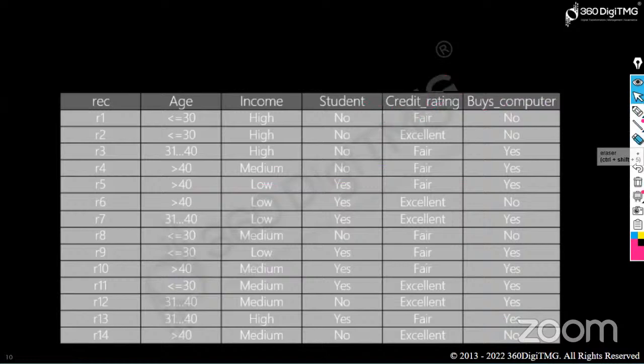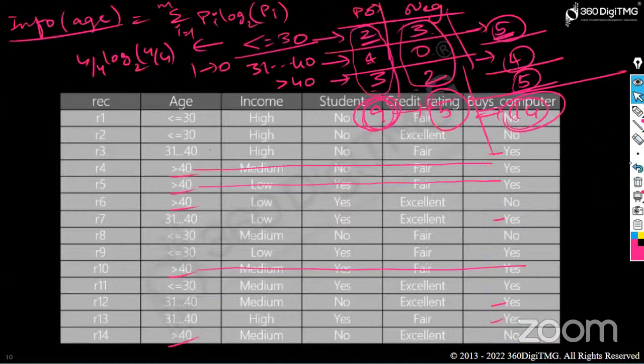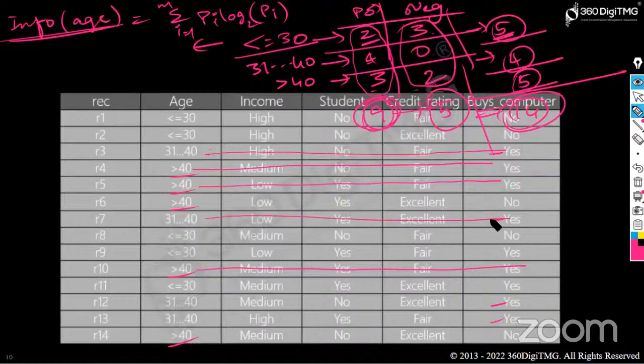It is easy to understand here. When you are having information gain as 0, that means it is not giving any variation. That means 31 to 40 is giving everything as yes. So this is yes, this is yes, this is yes, and this is yes. So there is no variation; you have only one option, that is yes.